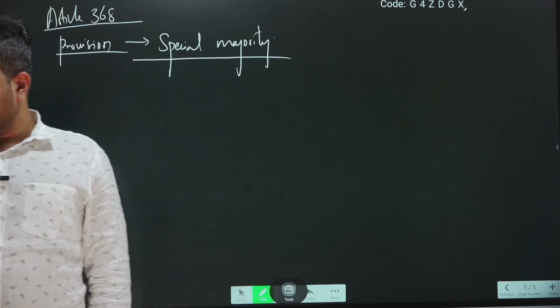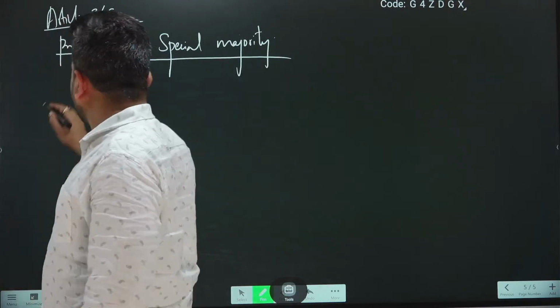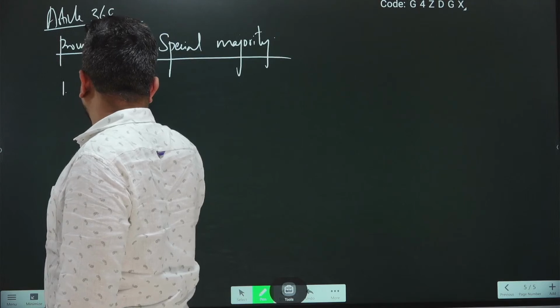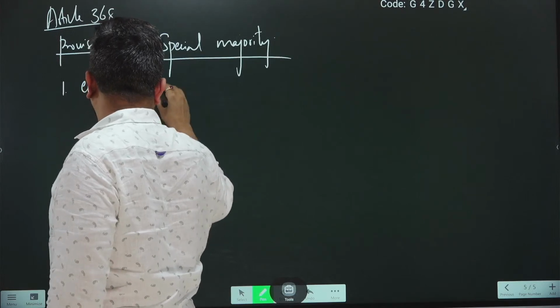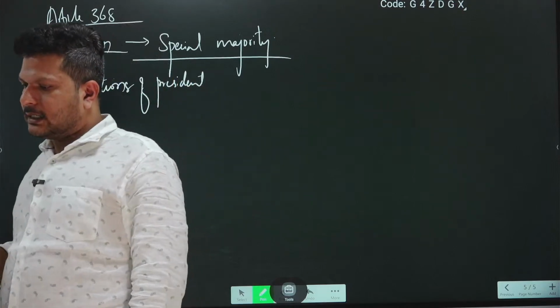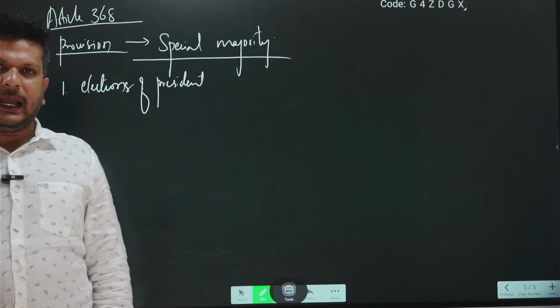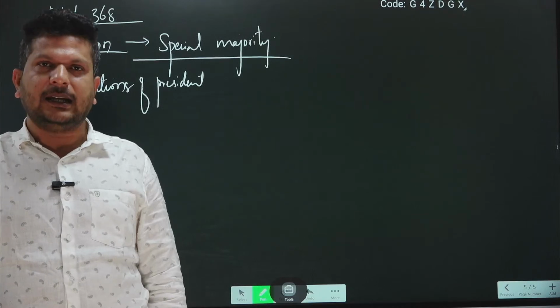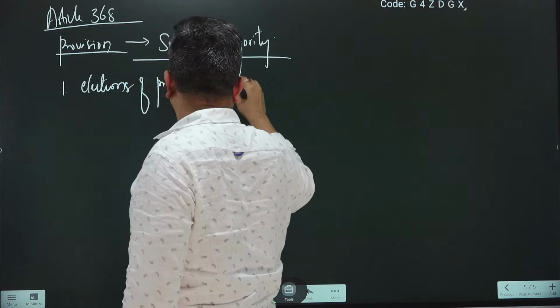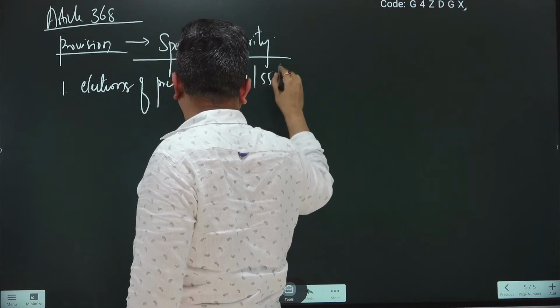Like suppose there is a change in the methodology of elections of the president. If there is any change with respect to the provisions regarding the election of the president, that is under Article 54 and 55.